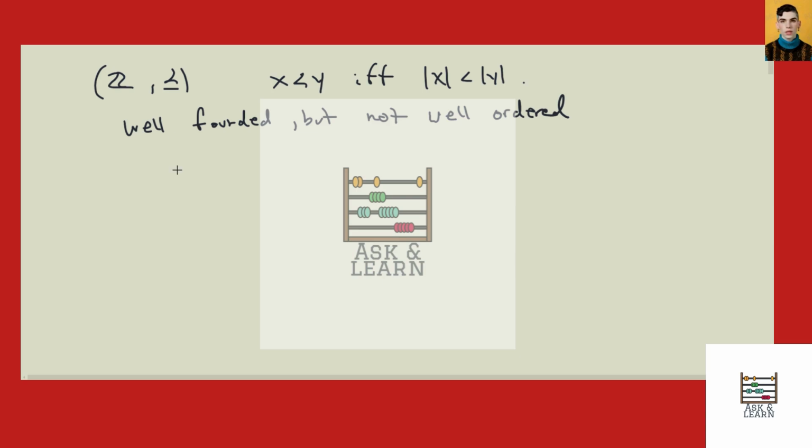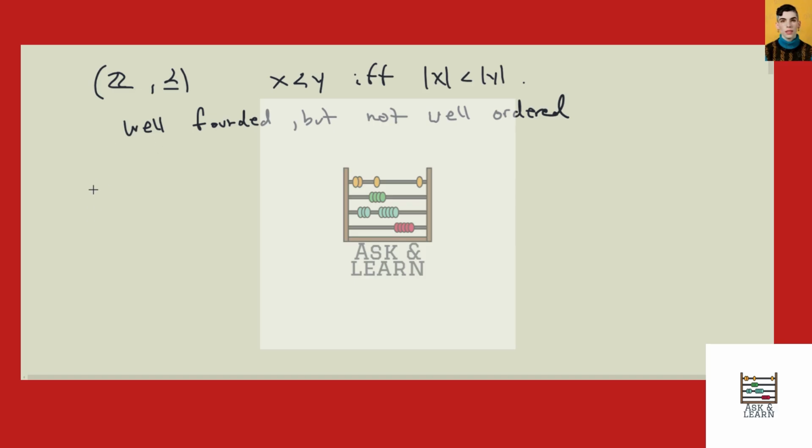All right, so what we want to do is actually, I think it's easier first to show why it's not well-ordered, and then once we show that, the rationale for that will be a little bit better for explaining why it's well-founded.